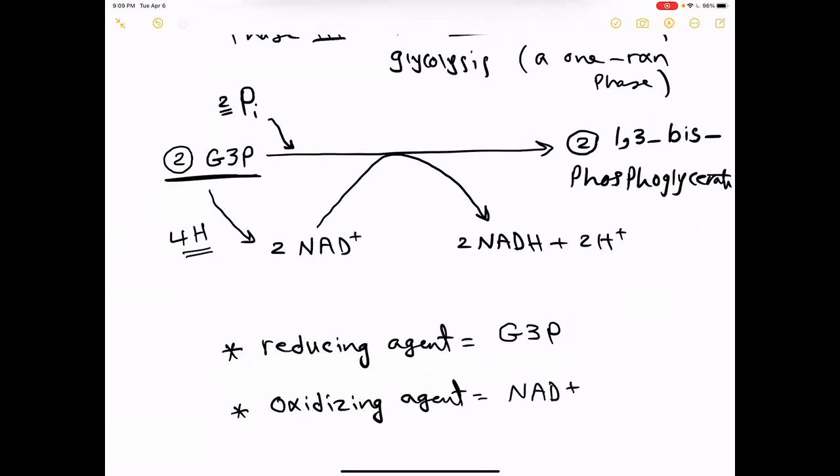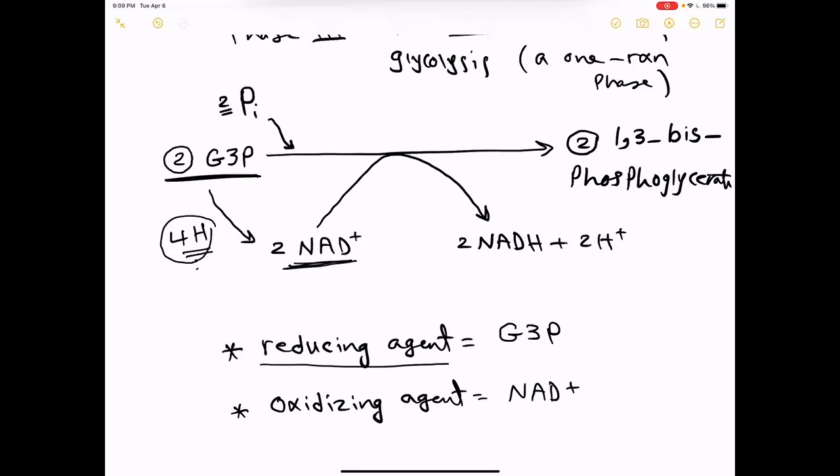You do agree with me that glyceraldehyde 3-phosphate is losing hydrogen. And those hydrogen are used to do what? To reduce the NAD plus, hence reducing agent. Glyceraldehyde 3-phosphate is the reason why NAD plus is becoming reduced. So I am the reducing agent.